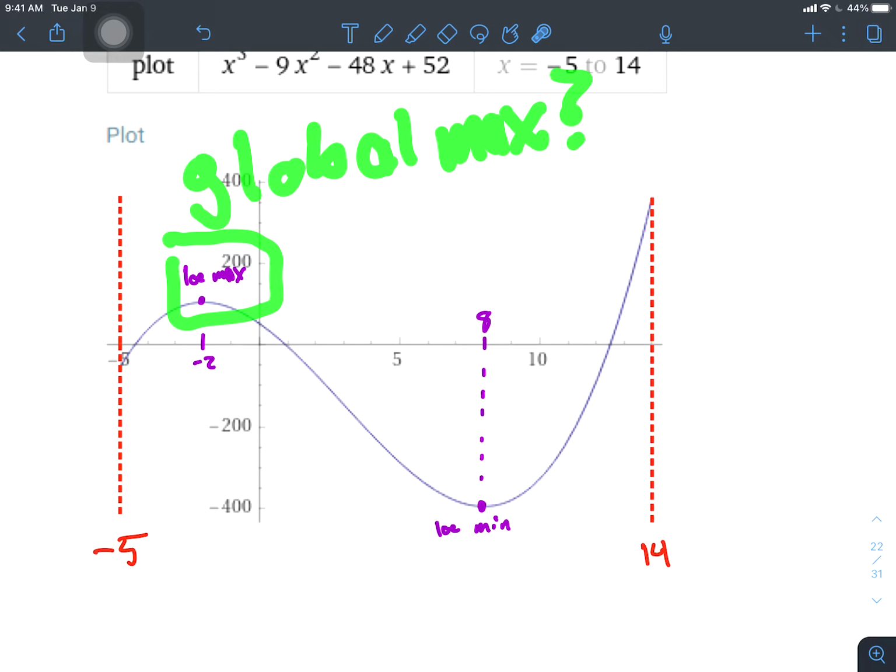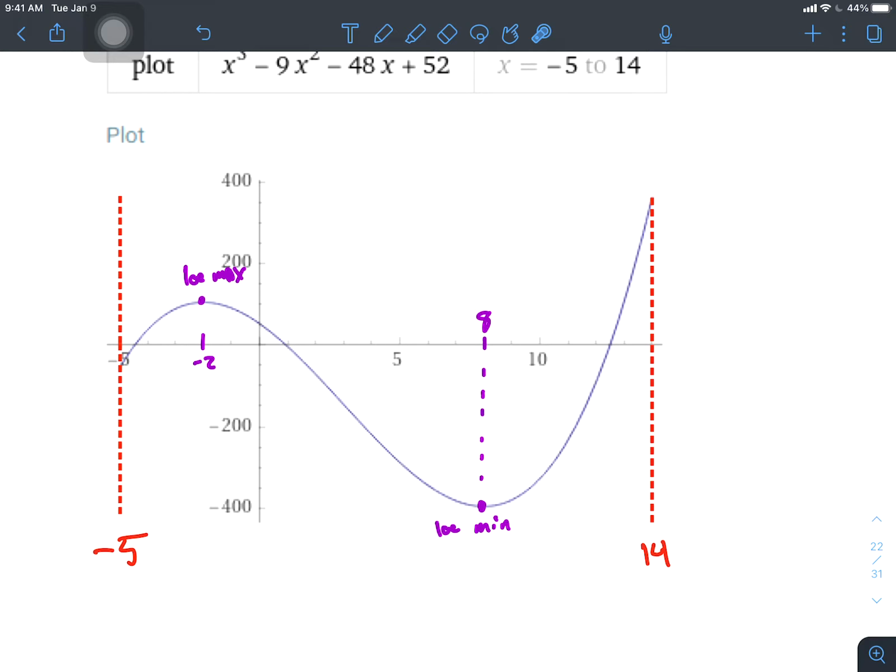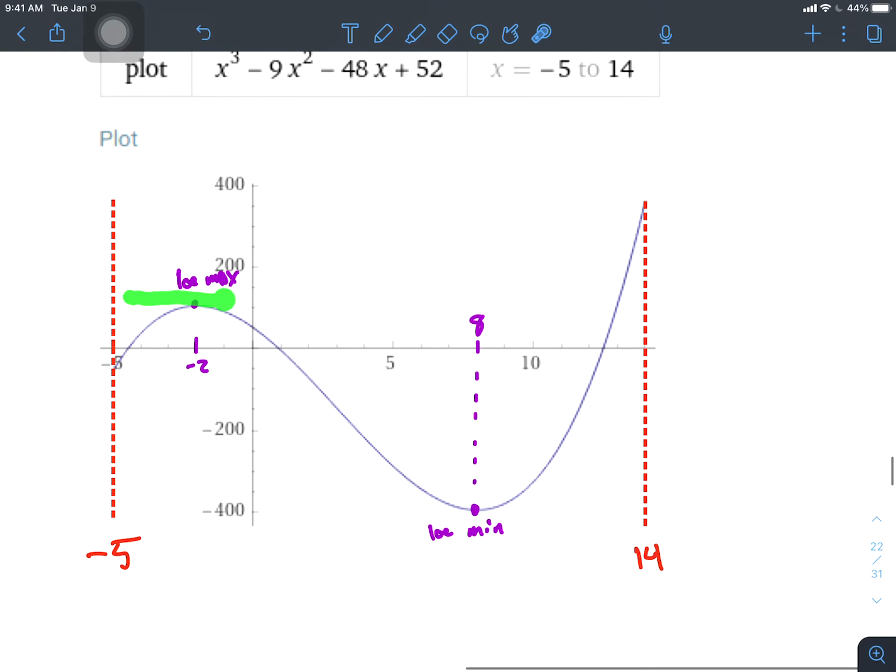Someone said no. Who said no? Shania says no. Why not? Yeah. So the answer is no, it's not a global maximum, because there are points elsewhere in the interval where the function is taller than that. Namely these points here, right? At all of those points there, the function's taller. So this is a local maximum, but it's not a global maximum.